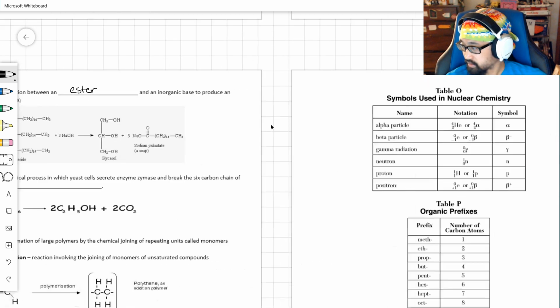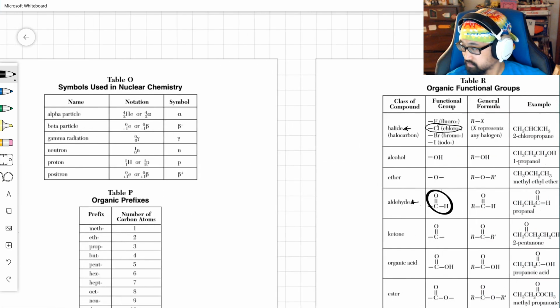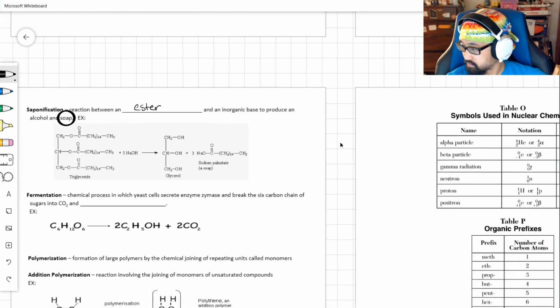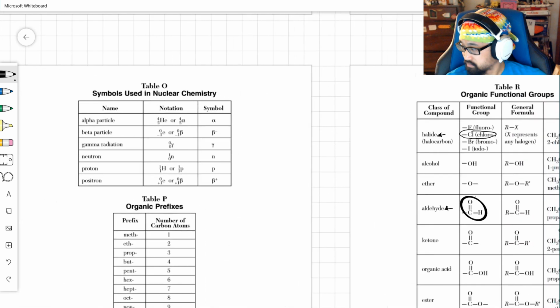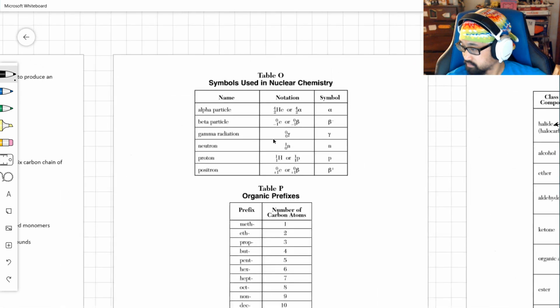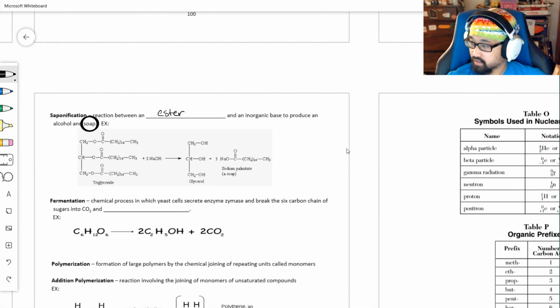Let me make sure I got that right. I did not get that right. I apologize. No, it is going to be triglyceride.